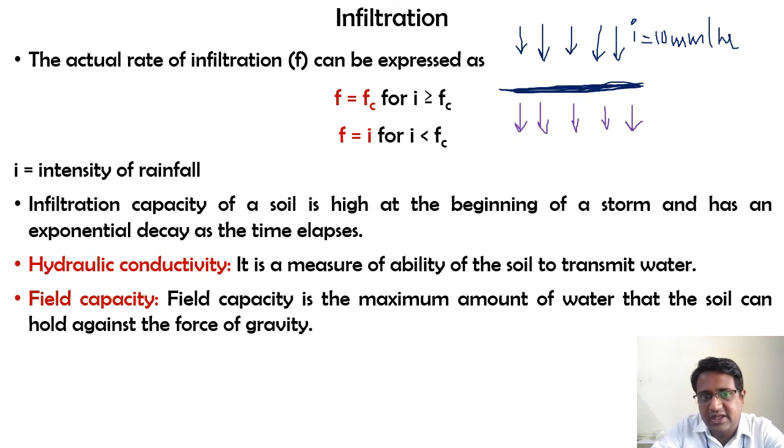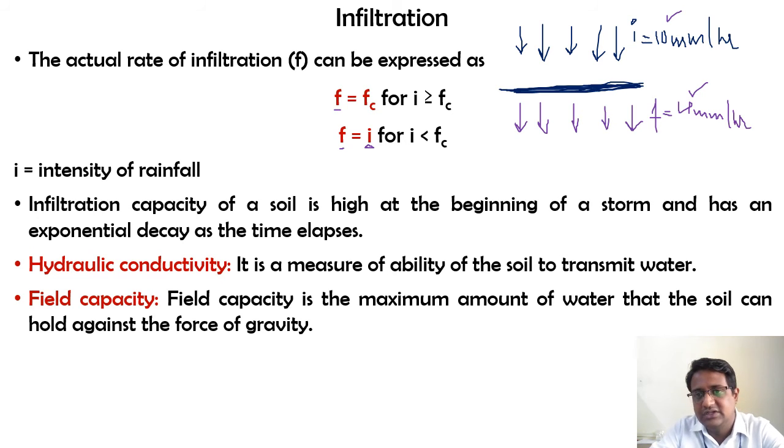That is nothing but your F. Right now I am going to write it as F. So imagine this particular soil is having an infiltration rate of, let us say, 4 millimeters per hour. Here I is indicating the intensity of rainfall, and F is the infiltration rate.